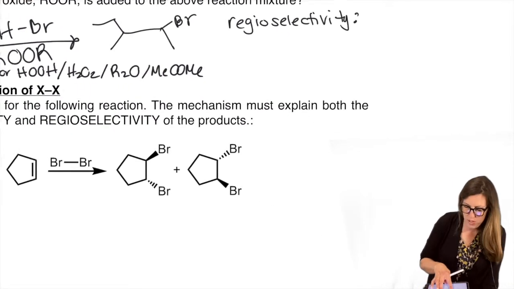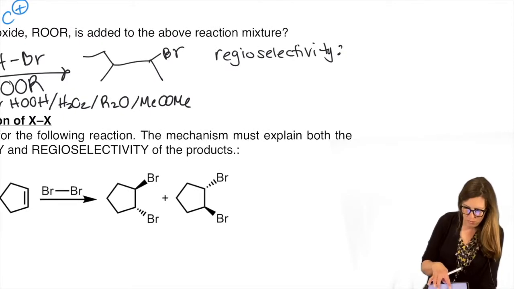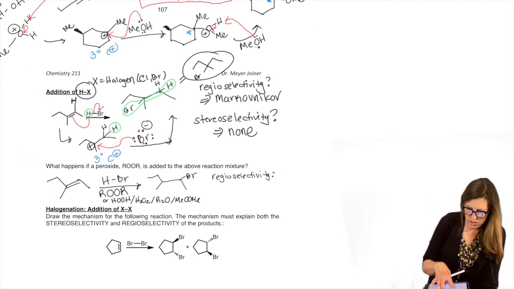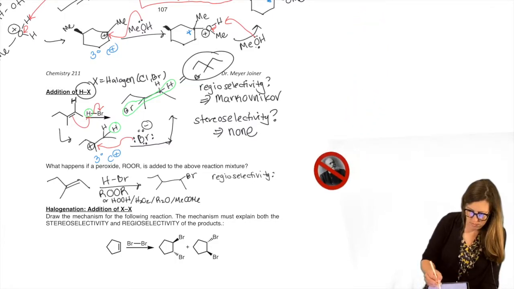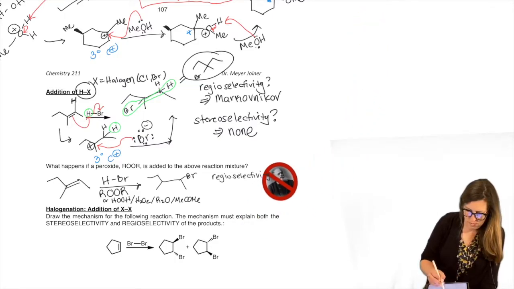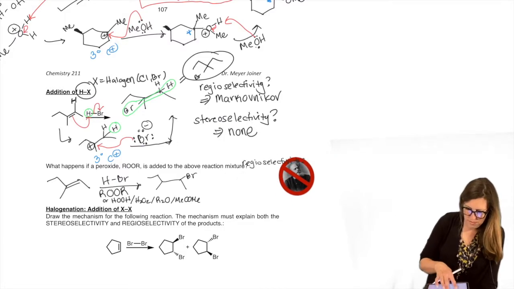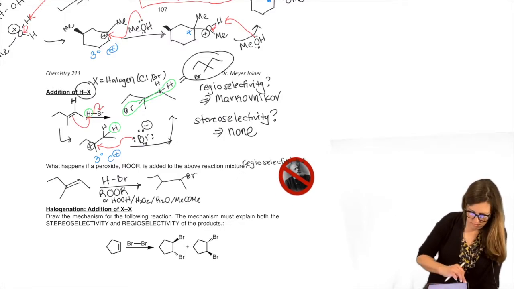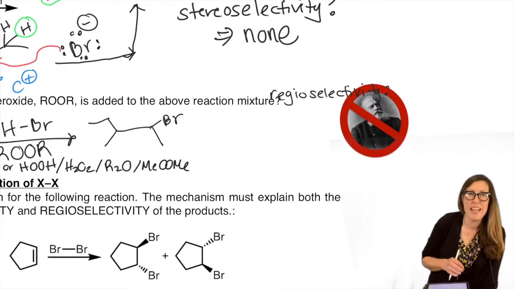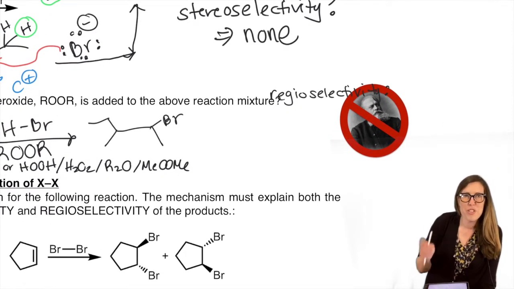We would describe this regioselectivity as, and where is he? Right there. Anti-Markovnikov. The new group, the nucleophile, went to where it was less substituted.